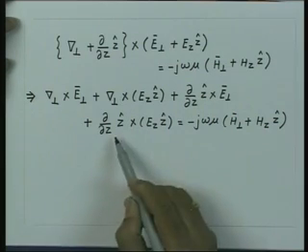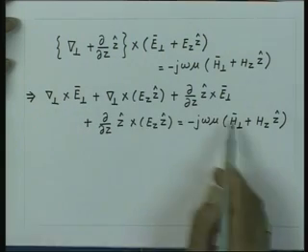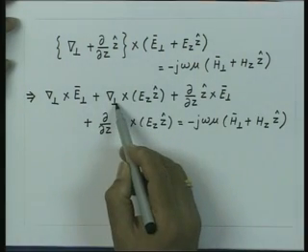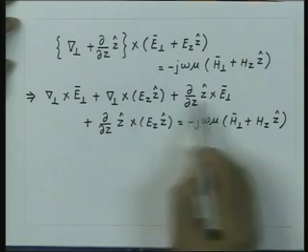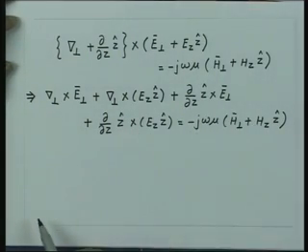So, what we can do is we can now separate out the longitudinal and transverse components and equate them on two sides. So, if I take a transverse component, which is this and this, that should be equal to the transverse component on the right hand side.